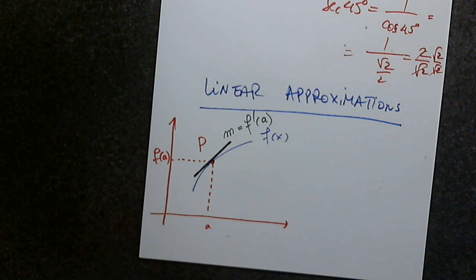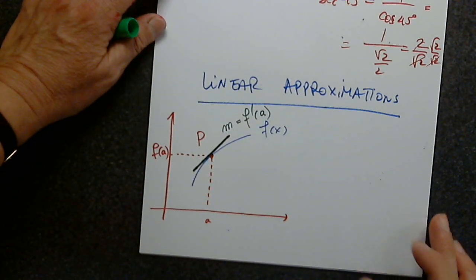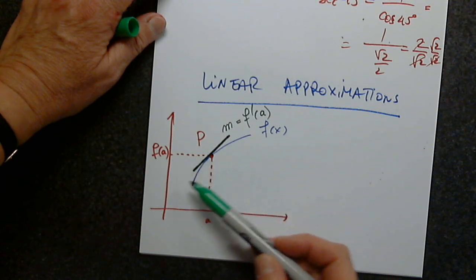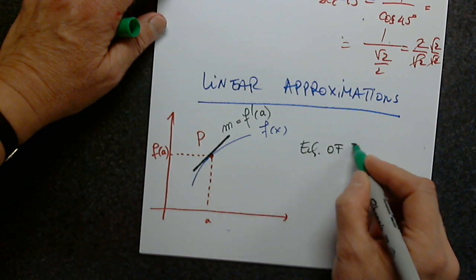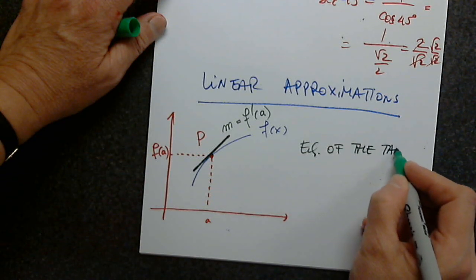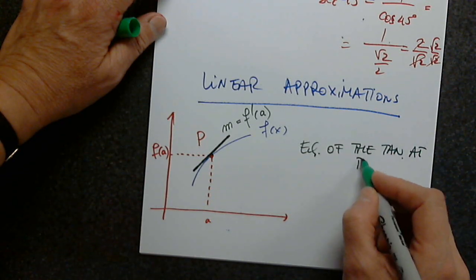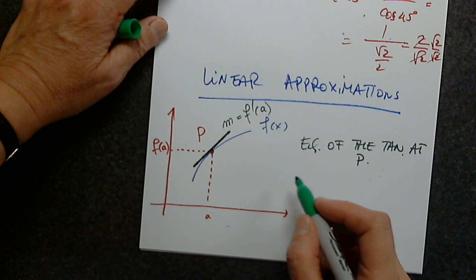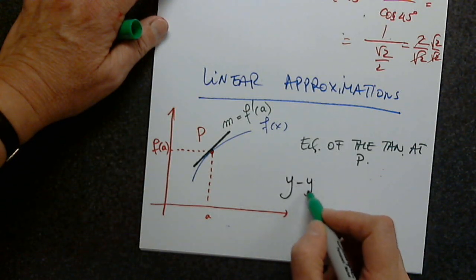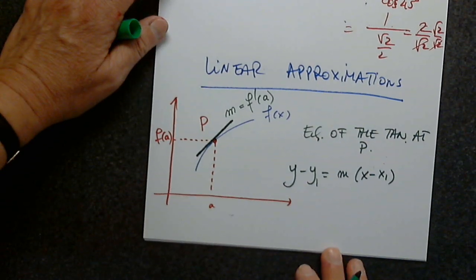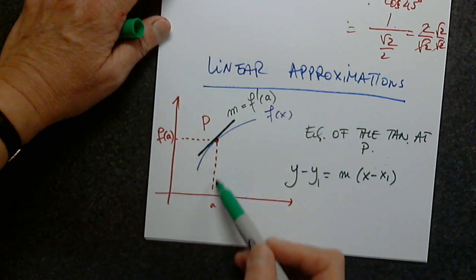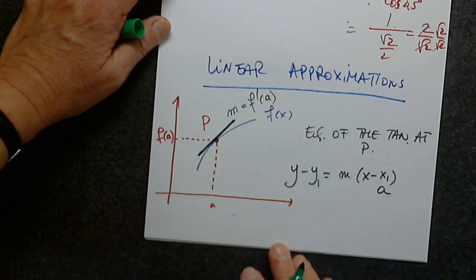Good. And then I'm going to ask you to tell me how to write the equation of the tangent at p. Of course, you're going to say y minus y1 equals the slope times x minus x1. You are going to say that a is x1.